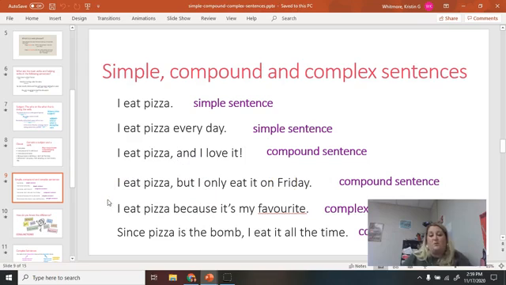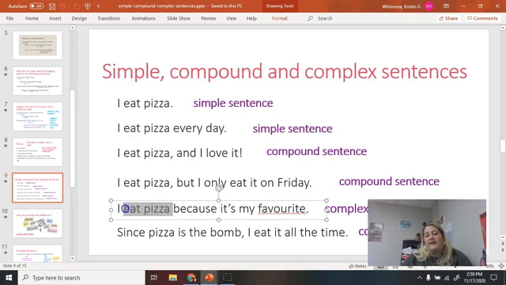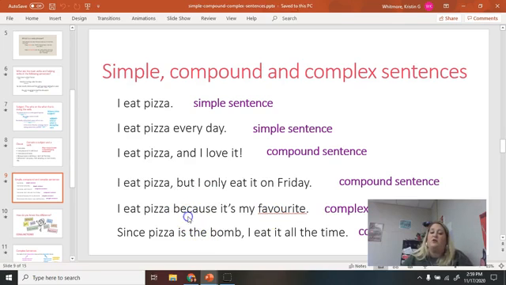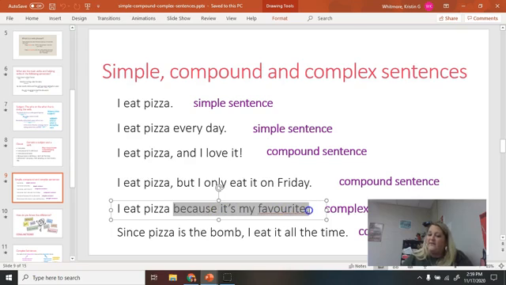The difference for complex sentences is I eat pizza because it's my favorite. So we still have that I eat pizza. We still have that simple sentence. Now we've added the word because. Now, because it's my favorite does not make sense on its own.